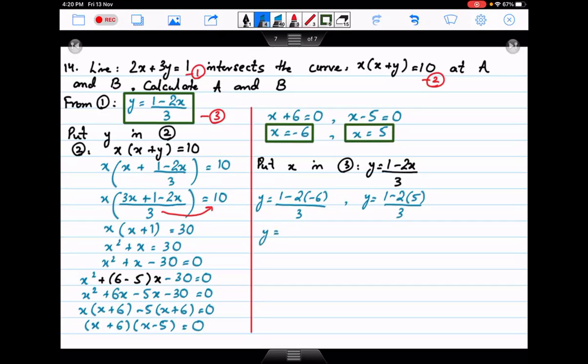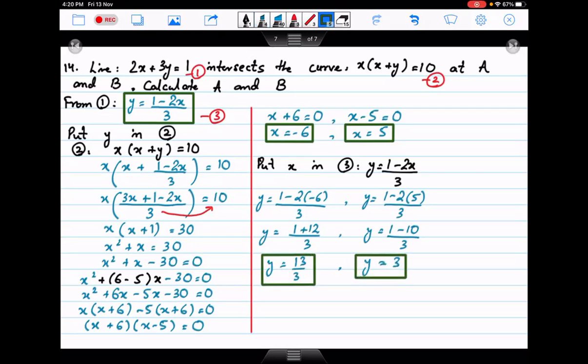So this should become 1 plus 12 upon 3, and this should become 1 minus 10 upon 3. So this should become 13 by 3, and this should become 9 by 3, and after cancellation it should be 3. So now we have the x values and now we have the y values.